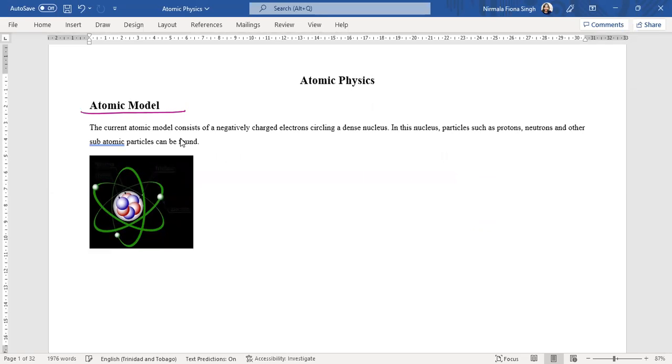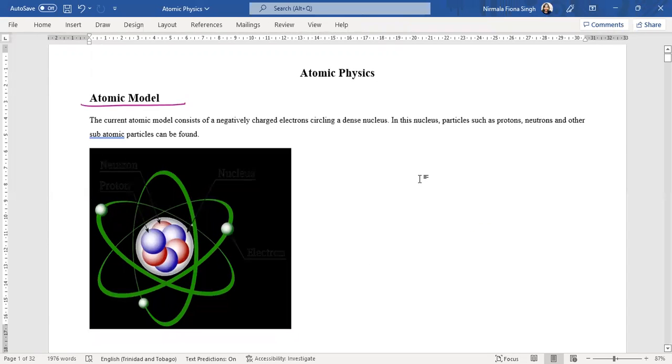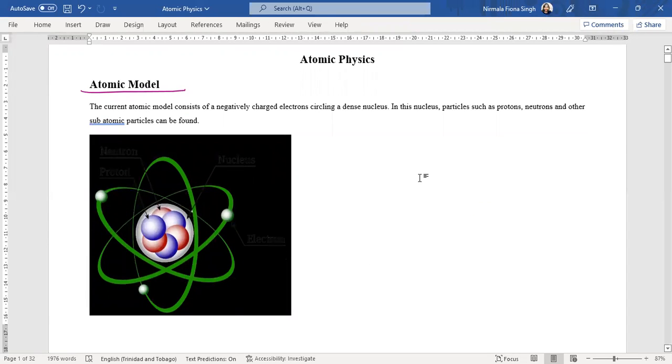So the atomic model, let's read. The current atomic model consists of negatively charged electrons circling a dense nucleus. In this nucleus, particles such as protons, neutrons, and other subatomic particles can be found. Right? This is what the generally accepted model of the atom looks like.